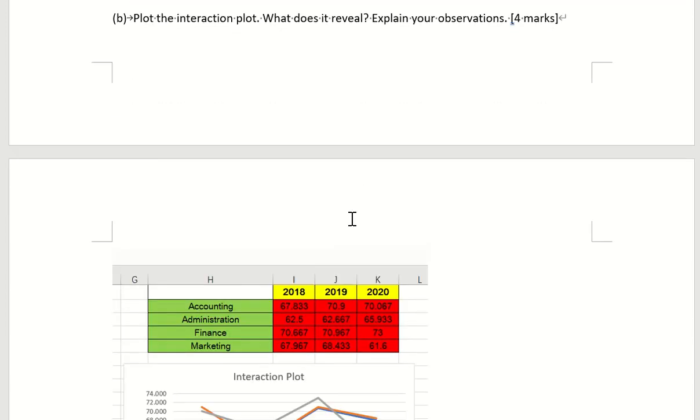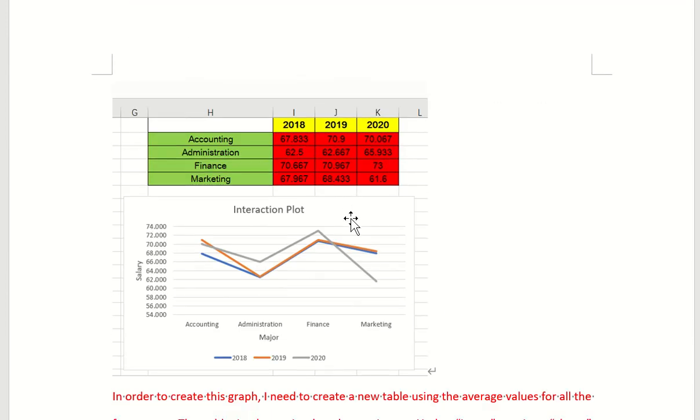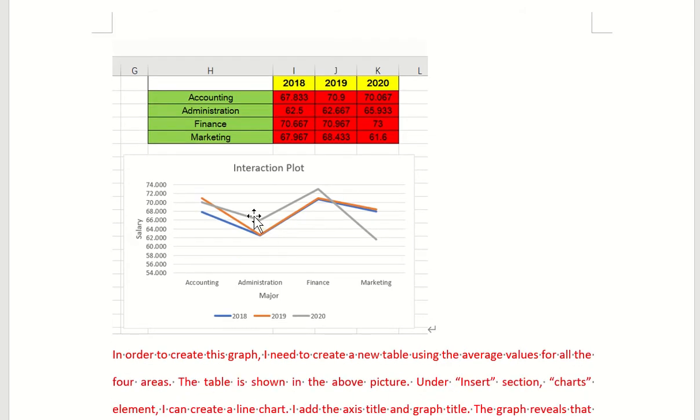And for question B, I create a new table using the average number. So this is the table, and I have also created a line graph.